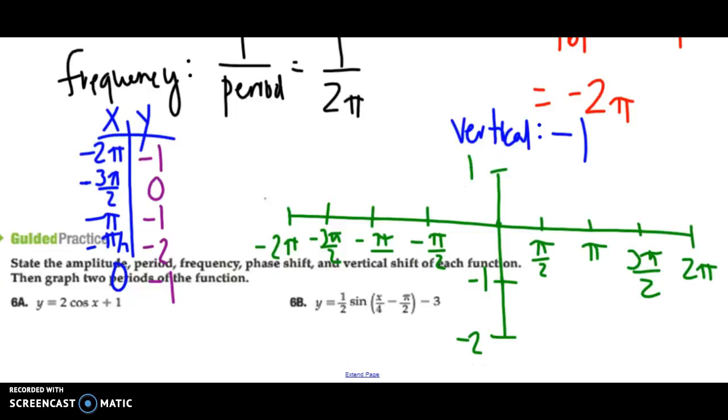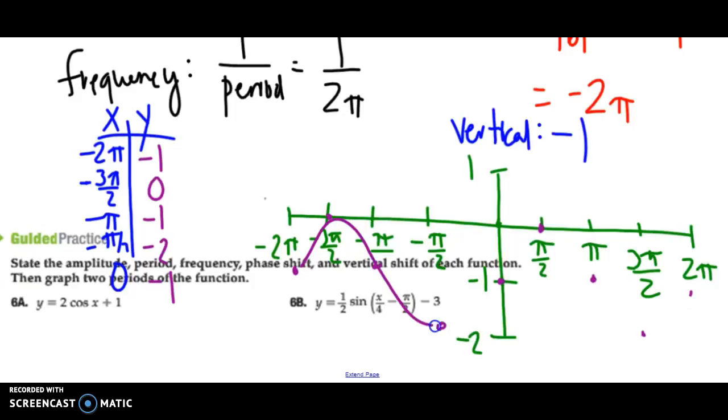Now we just graph the values that we found. So at negative 2 pi we're at negative 1, at negative 3 pi over 2 we're at 0, at negative pi we're at negative 1, at negative pi over 2 we're at negative 2, and then at 0 we're back to negative 1. Then we can repeat. Pi over 2 is at 0, then negative 1, negative 2, and 1.